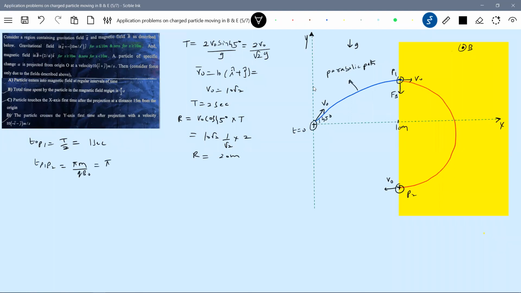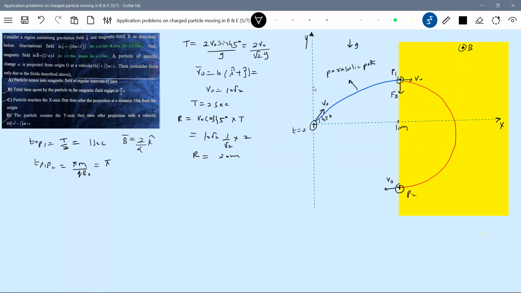So what is the b naught value? B bar is 2 by alpha k. Alpha is q by m.